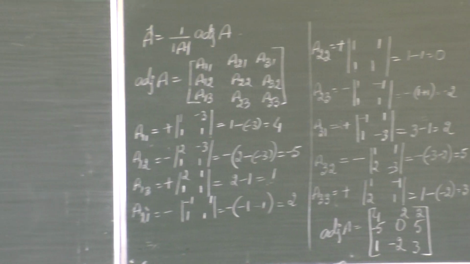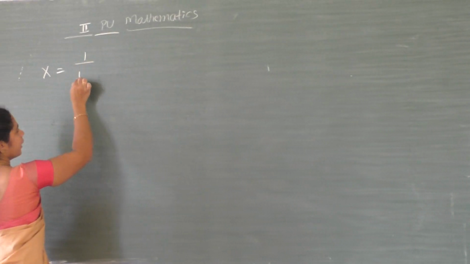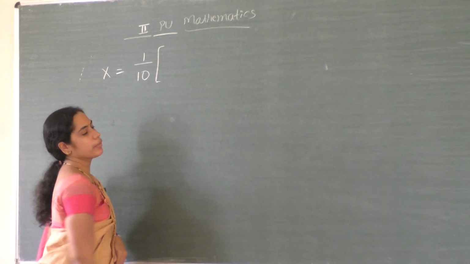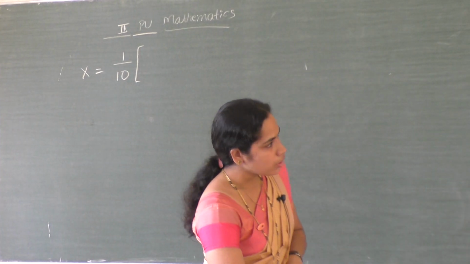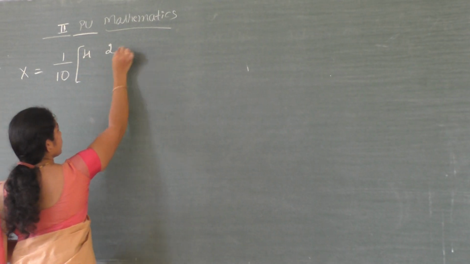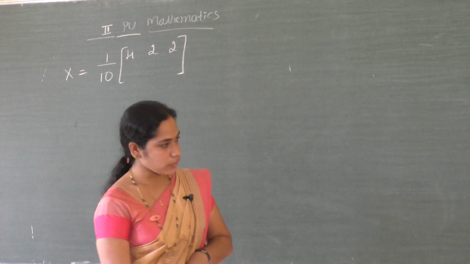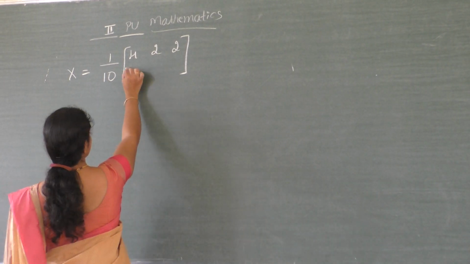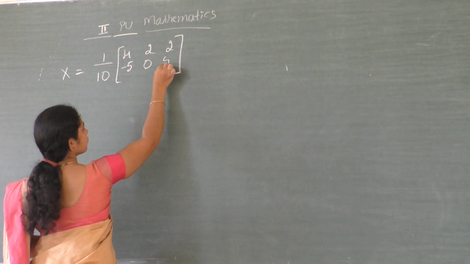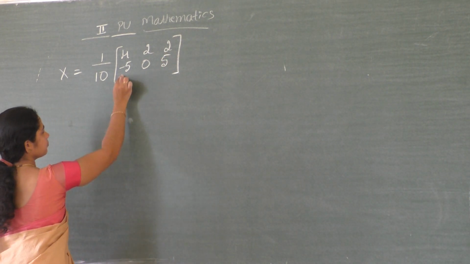Now x is equal to A inverse into B. What is A inverse? A inverse equal to 1 by 10 into, what is the value we have? 4, 2, 2, minus 5, 0, 5. Last row, 1, minus 2, 3.